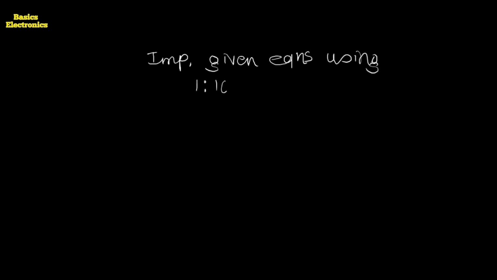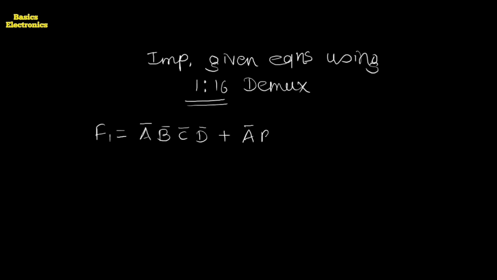Here the question is, implement the given equations using one line to 16 line demux. Suppose that the equations are like this: F1 equals A bar, B bar, C bar and D bar plus A bar, B bar, C and D bar.